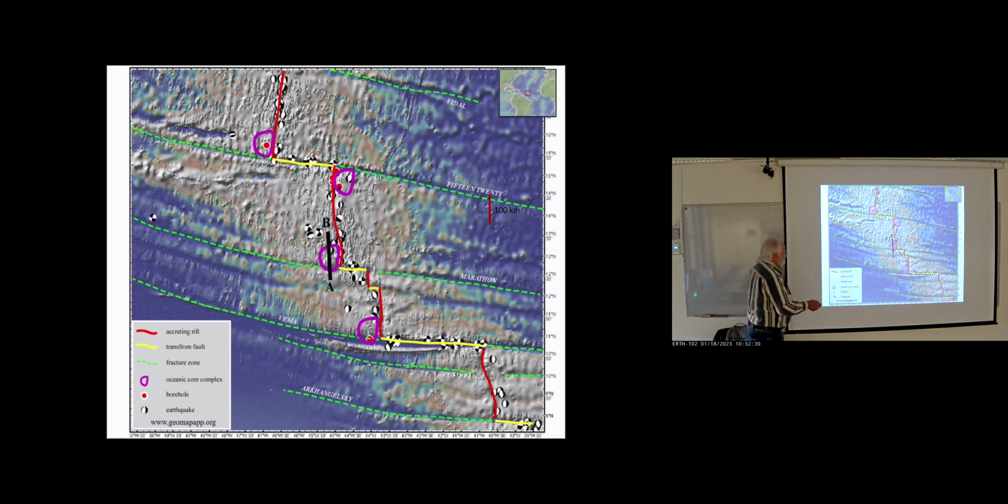So the transform faults are marked in yellow, the oceanic ridges in red, the fracture zones in green, and the purple are the locations of oceanic core complexes. Why would there be a preference for slow spreading centers for oceanic core complexes?